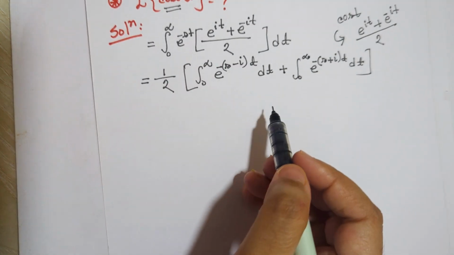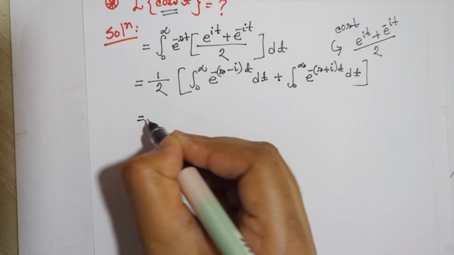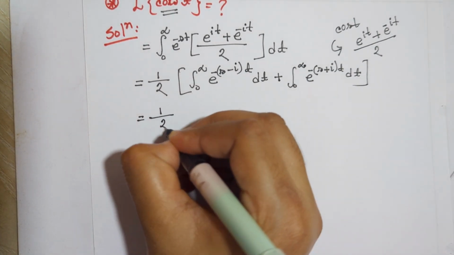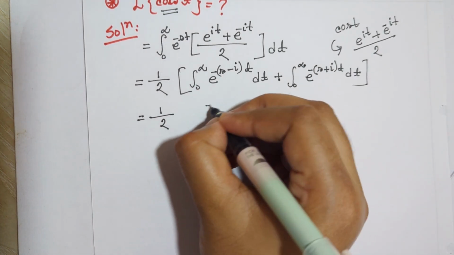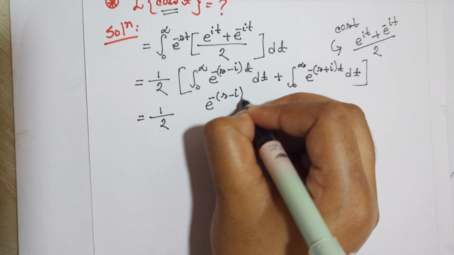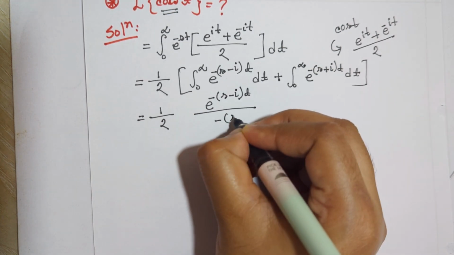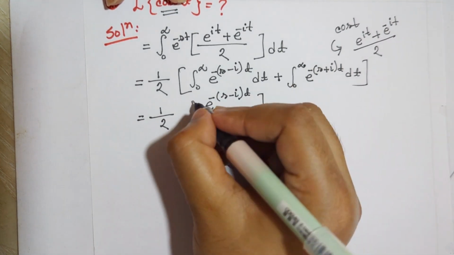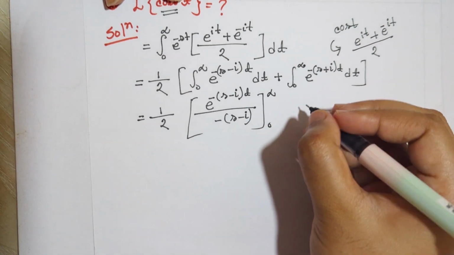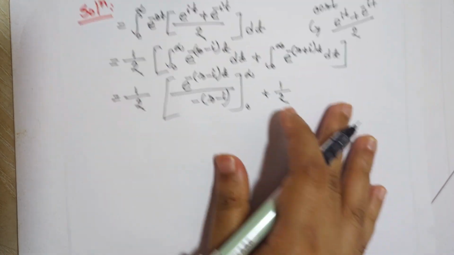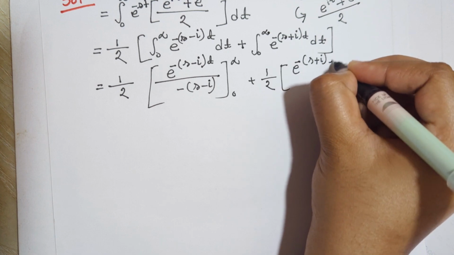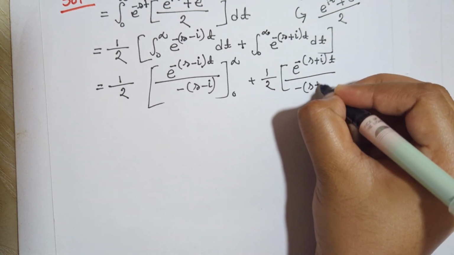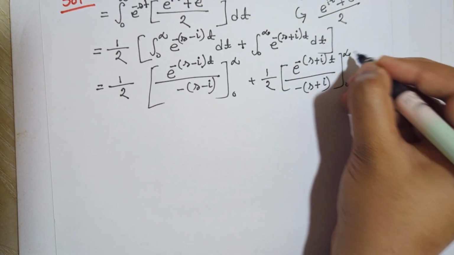Now we will integrate these two terms from limiting value 0 to infinity. 1 divided by 2, and for this term after integration we will get e to the power minus (s minus i) t divided by minus (s minus i), and we will put the limiting value 0 to infinity, plus 1 divided by 2 e to the power minus (s plus i) t divided by minus (s plus i), limiting value 0 to infinity.